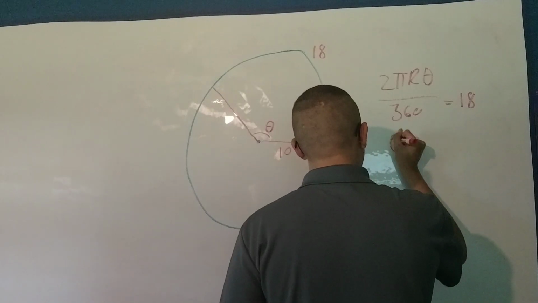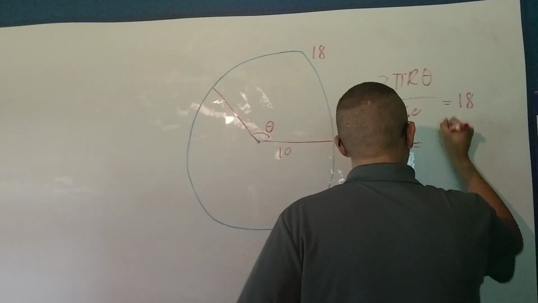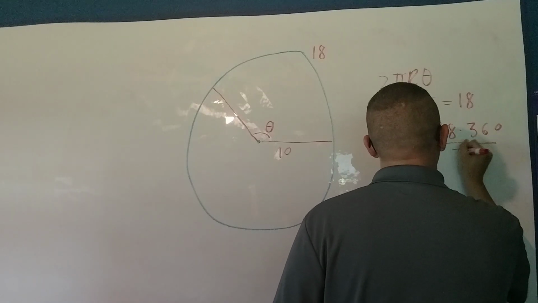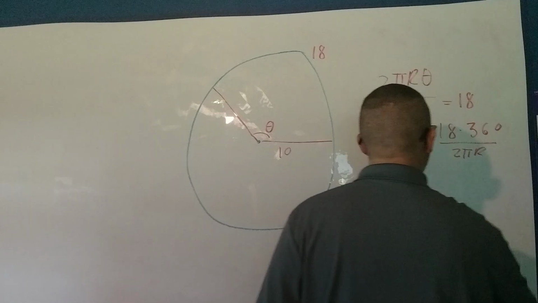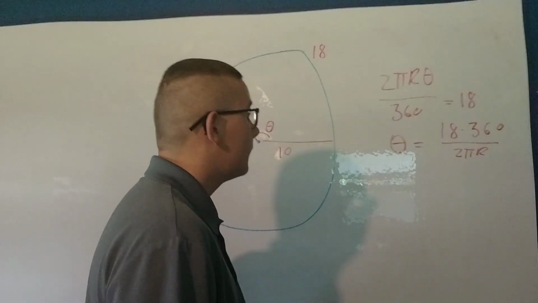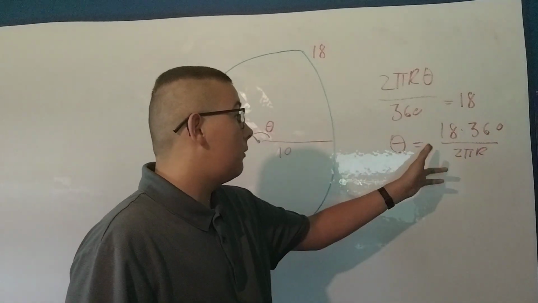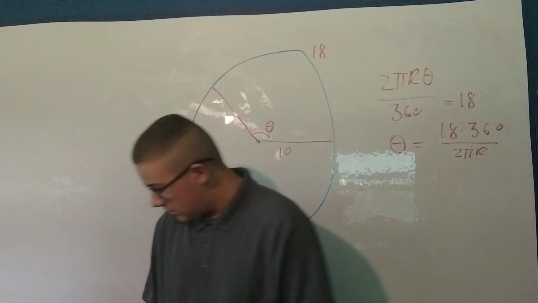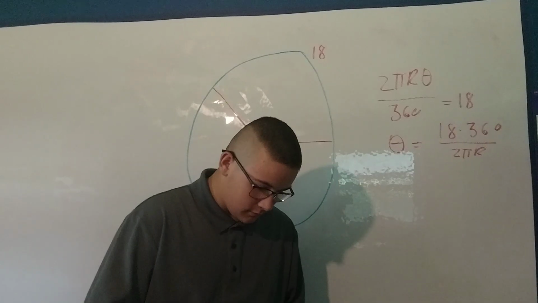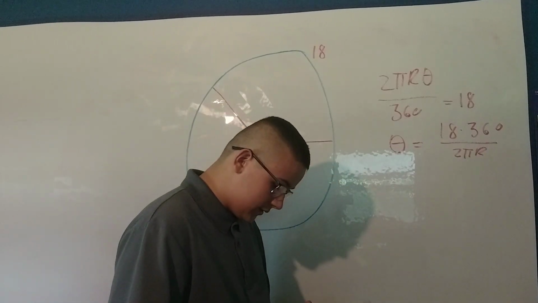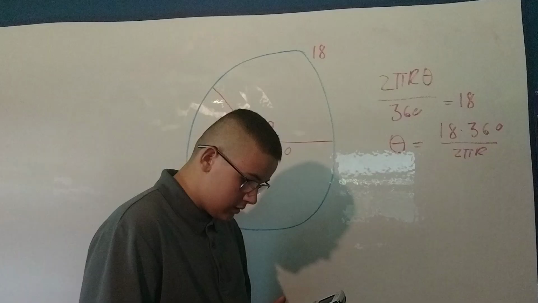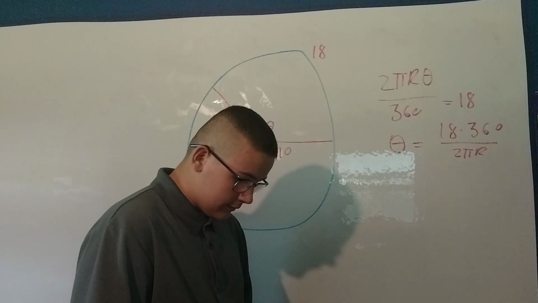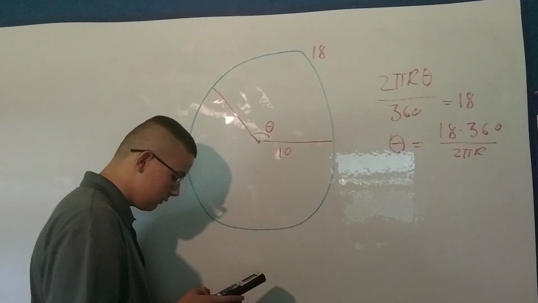So we get theta equals 18 times 360 over 2 pi r, like that. And then from there, we just solve for whatever 360 times 18 over 2 pi r is. Plug that in. We do 360 times 18 over 2 pi. Our radius is 10.